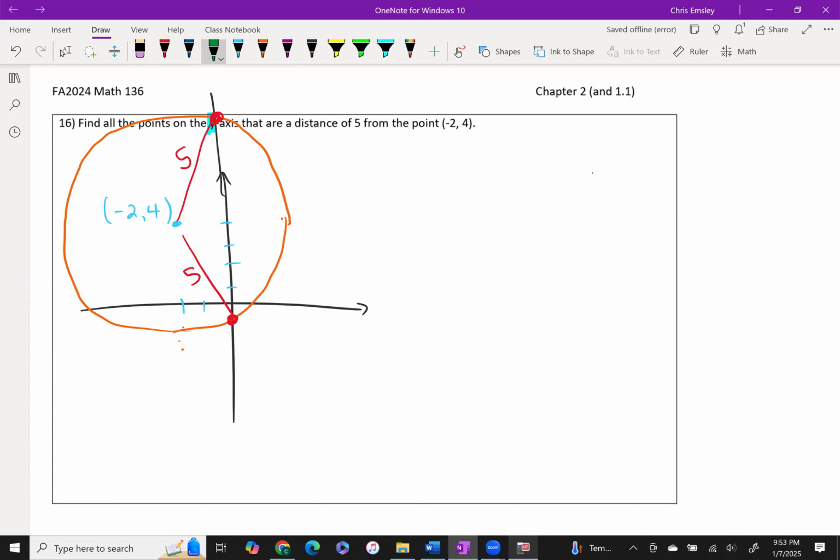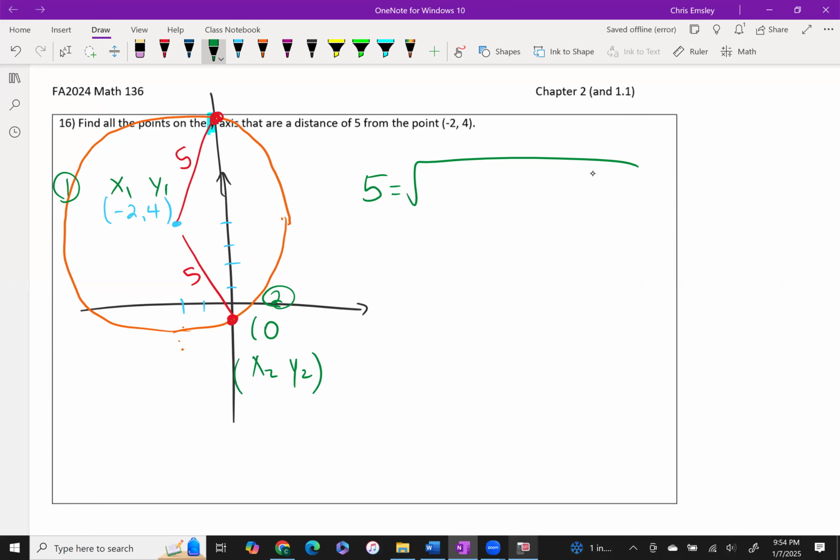So when we set up our equation this time, our distance is still 5. I did it the opposite way I wanted to last time. I actually want to call this one point 2 down here, and this is going to be point 1. So this is x1 and y1. And down here, I'm going to have x2 and y2. So this time, my point is on the y-axis.